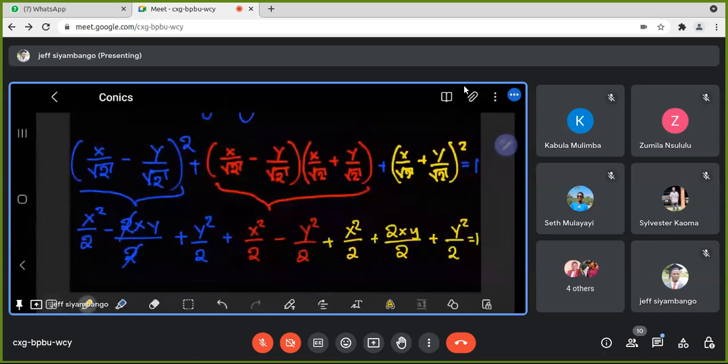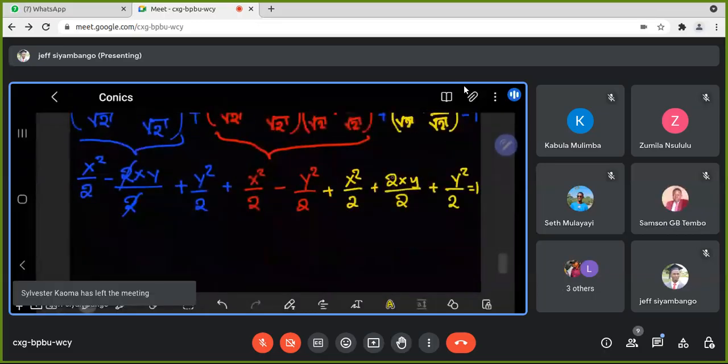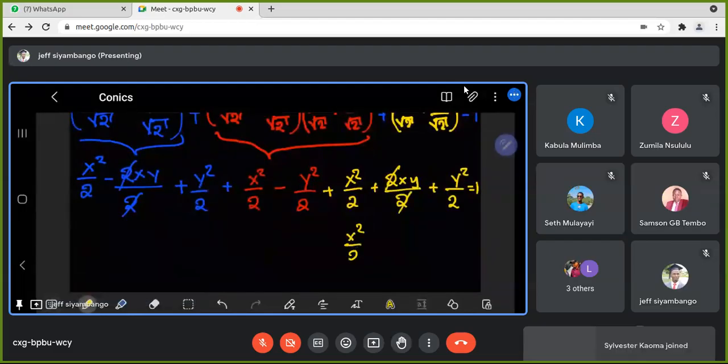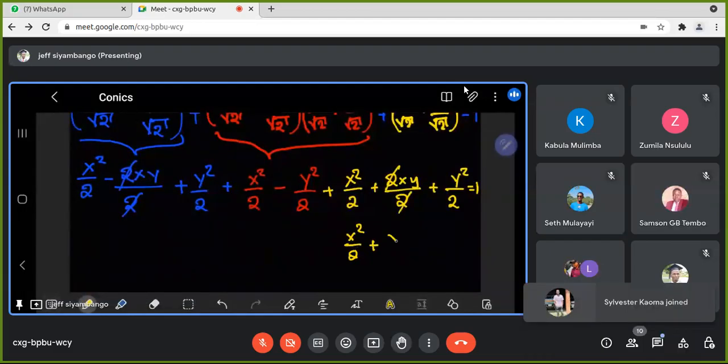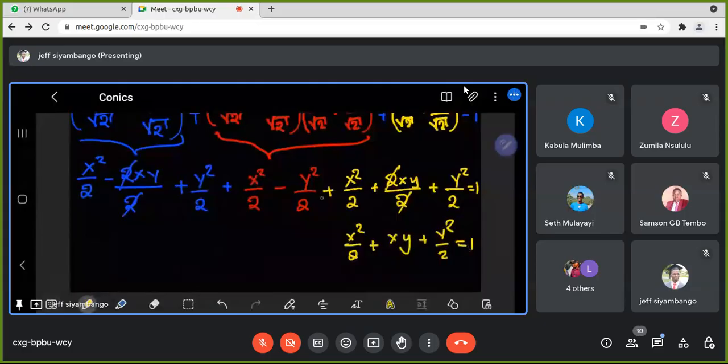So once we are here, again, these 2 and these 2 will simplify. This term would reduce to what? x squared over 2 plus xy, and then plus y squared over 2 equals 1. In the middle, we have x squared over 2 minus y squared over 2. This is plus here.